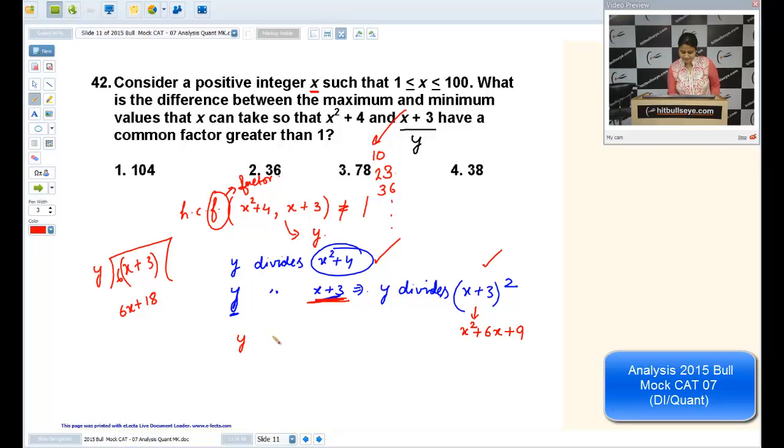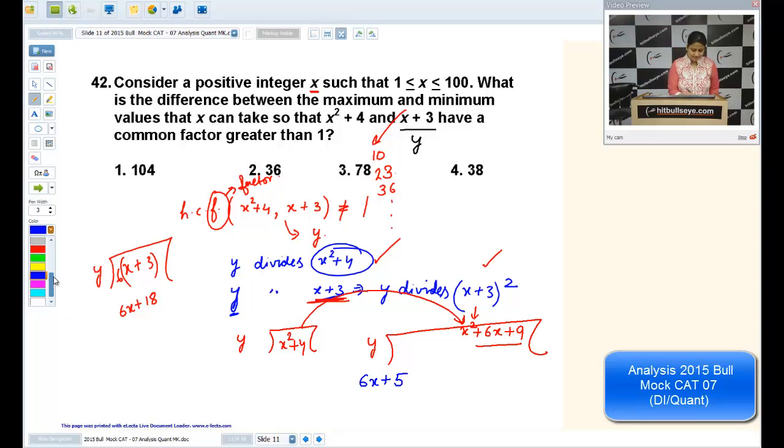Now y divides x square plus 4. Y divides this expression as well. So y will definitely divide its subtraction. That's why if I take the subtraction part, it will be 6x plus 5. I'm trying to eliminate x. Now I'm taking this. Y is dividing 6x plus 5.